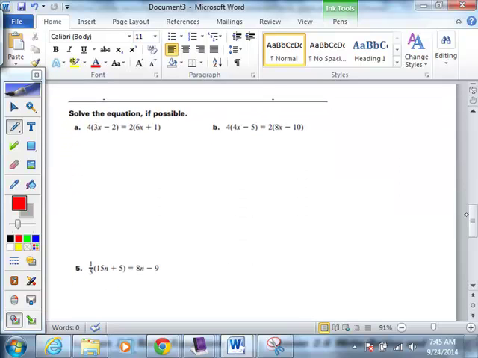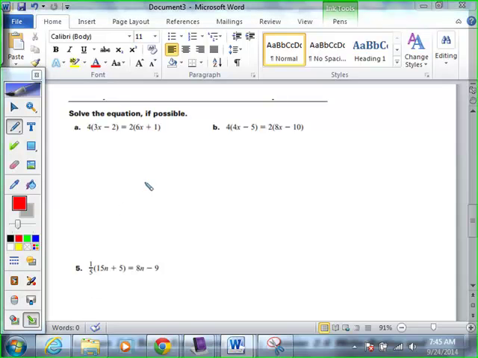So these problems say solve the equation if possible. On both sides here, we have the distributive property, so I'm going to use it. 4 times 3x is 12x. 4 times negative 2 is negative 8. 2 times 6x is 12x. 2 times 1 is 2.